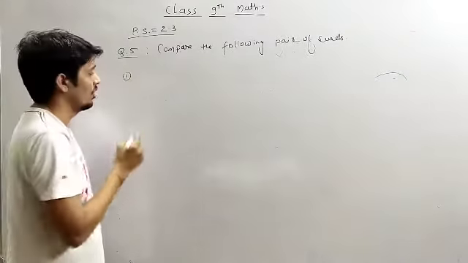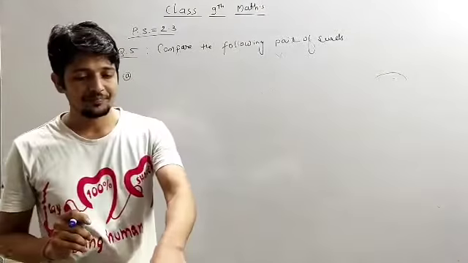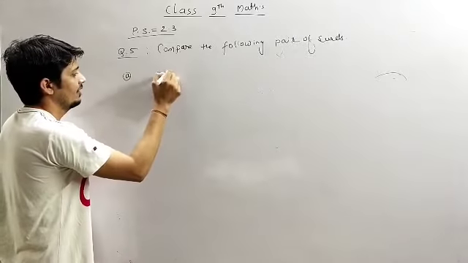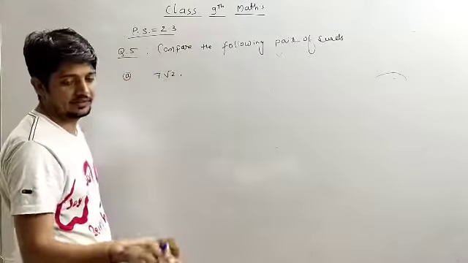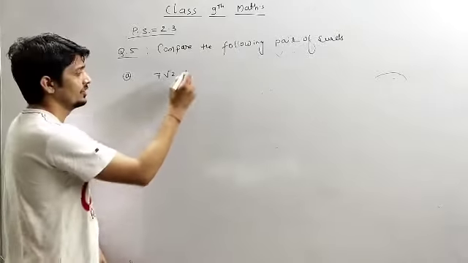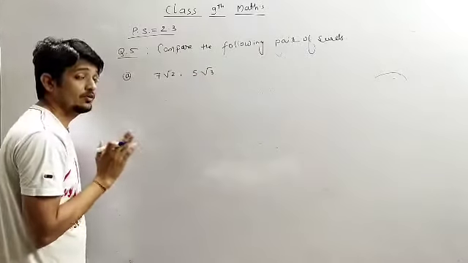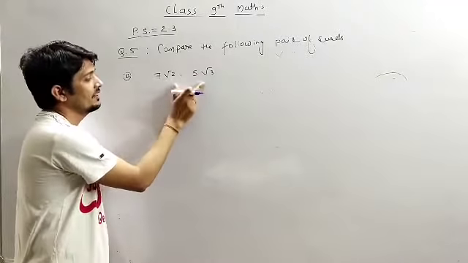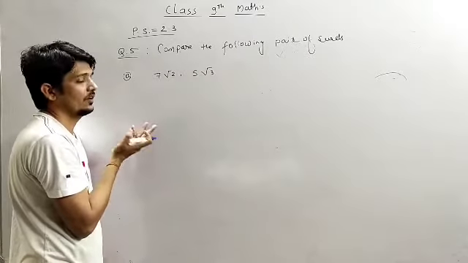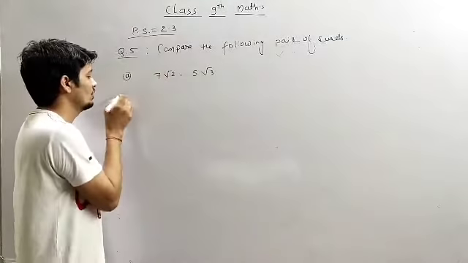First, A: we have 7 root 2 and 5 root 3. Now we have to check whether the given surds are equal or not, or whether one is greater or lesser than the other.